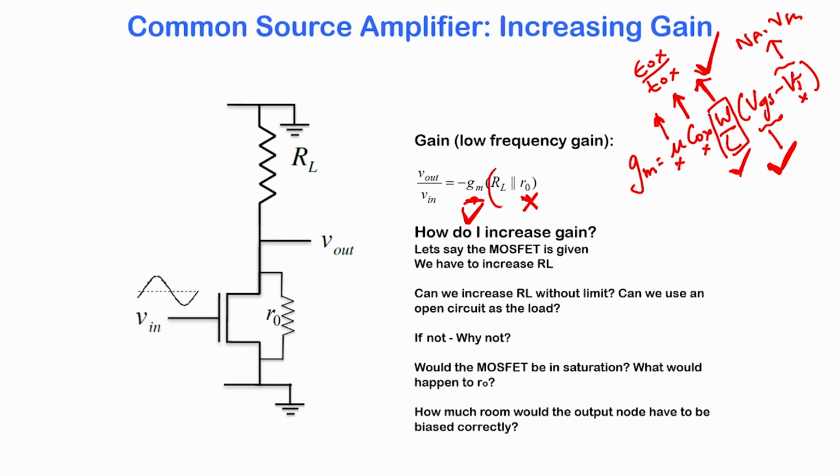What about the load resistor? Can we increase the load resistor? Technically yes, you can increase the load resistance to give you high gain, but there is a certain limit, right. You cannot make the load impedance very large. For example, let us say I continue increasing the load resistance, and I am simply going to have an open circuit there.